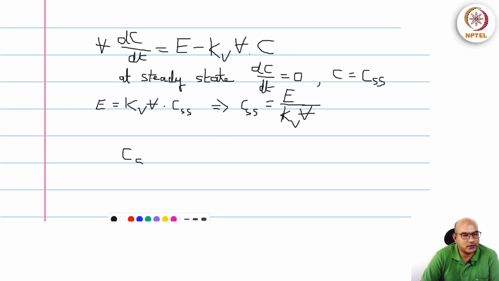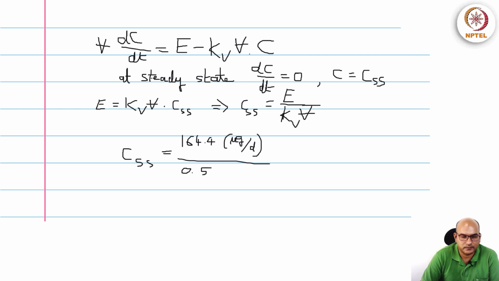So if we put in the values, we have CSS equal to 164.4, and I'm going to write the units in brackets, micrograms per day, divided by 0.35, the unit is per day, multiplied by volume.